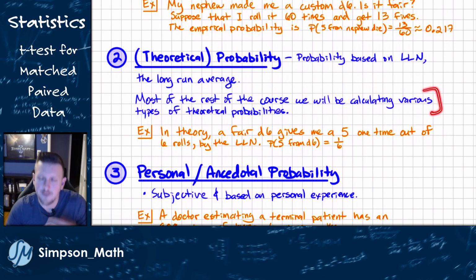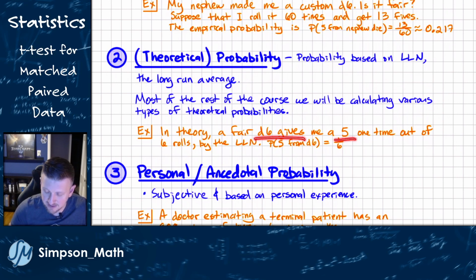Finding the probability will be a thing that we're going to be doing throughout the course for a lot of different purposes. So in theory, just simple ones again, talking about dice: a fair D6 gives me a 5 one time out of 6 rolls. So by the law of large numbers, that is a 1/6 probability of getting a 5 out of a D6.